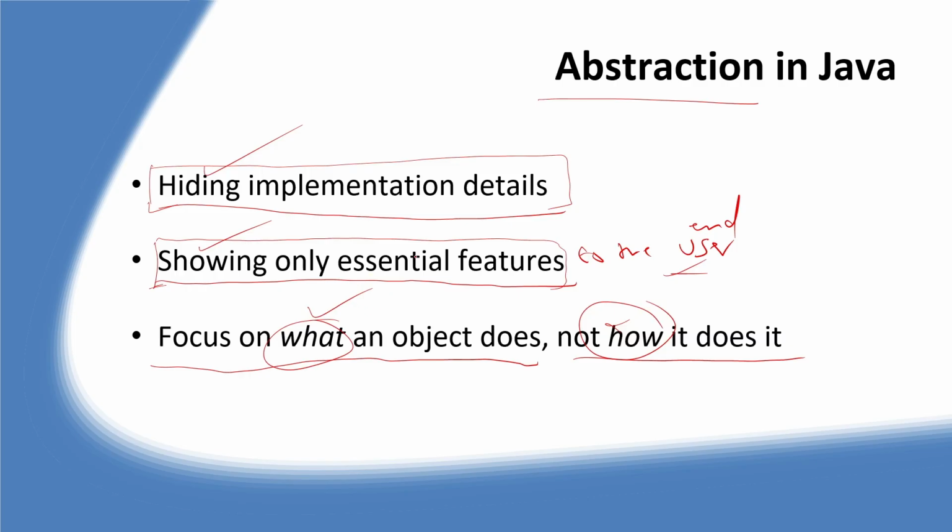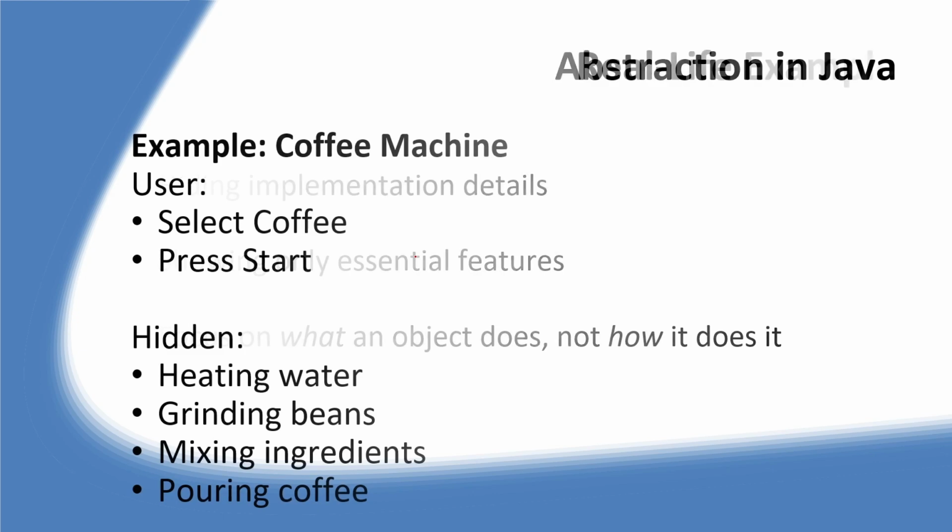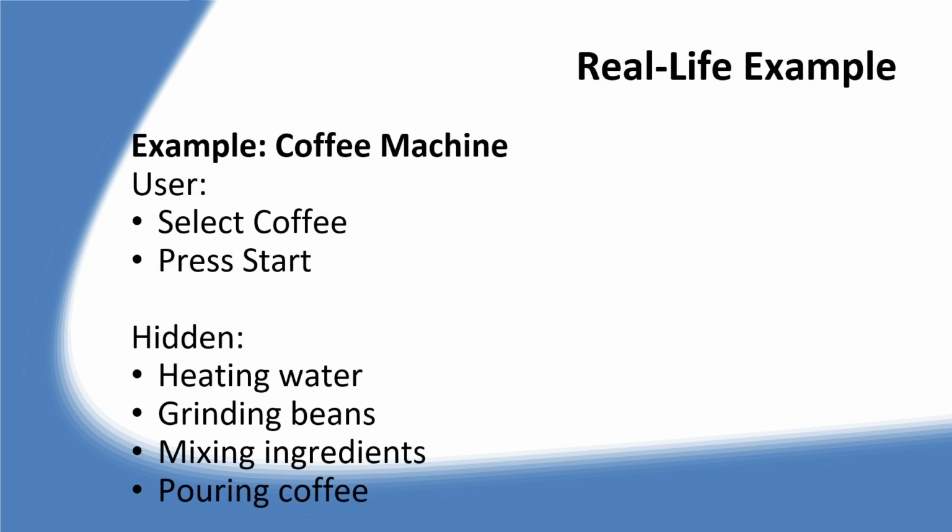So if we take a real example, let's understand. Suppose you're using a coffee machine. Now to make a coffee, you simply choose the type of coffee and press the start button.